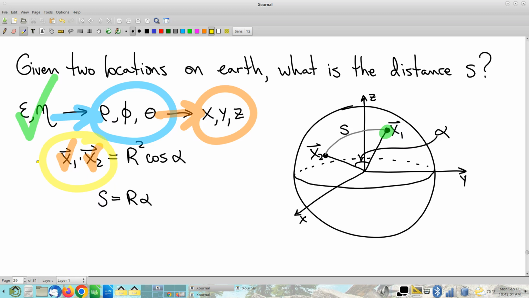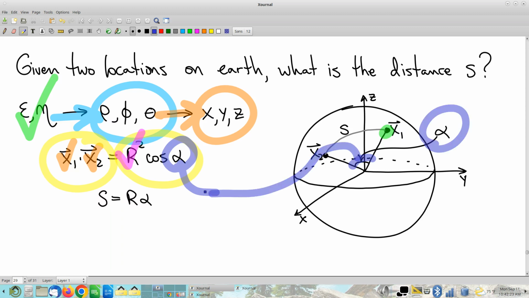Well, because dot products have a geometric interpretation, and the radius of the Earth is known, and that means that given two locations, I can solve for the central angle at the center of the Earth between 2 points. And once you know that angle, a little bit of super easy geometry tells you what the distance is along the surface of the Earth.